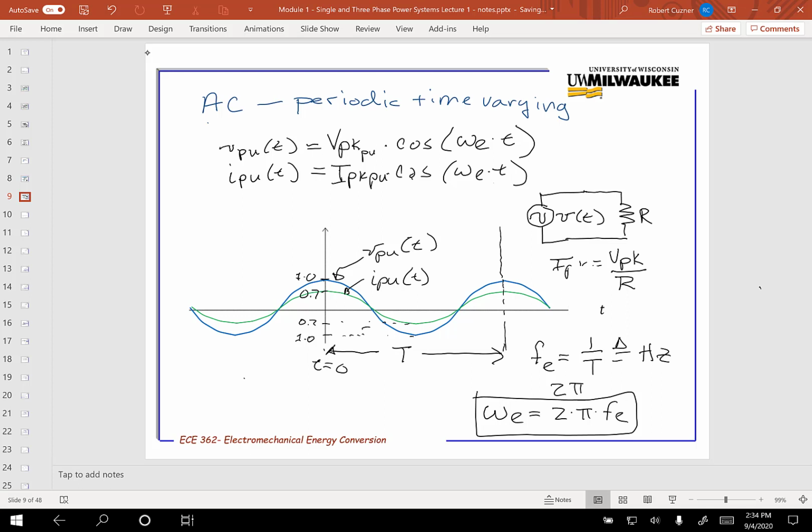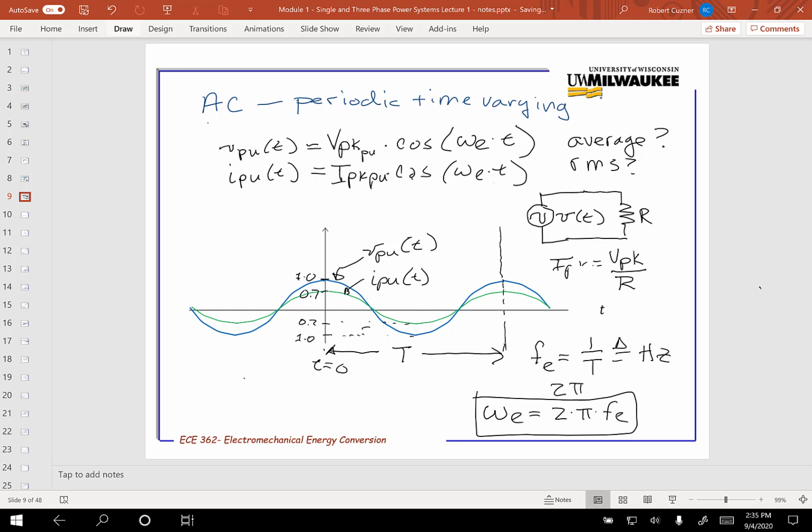We have these expressions. Now we are really trying to ask the question, do we want to do an average and get one number to tell us what's going on, or do we want an RMS?